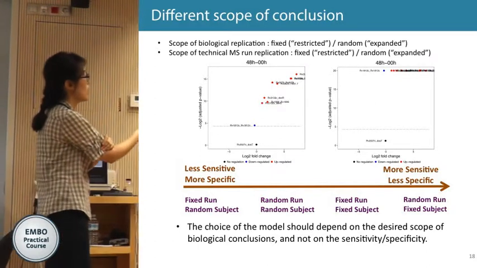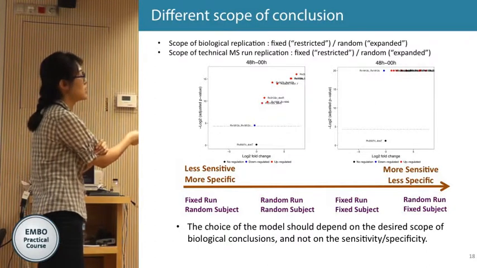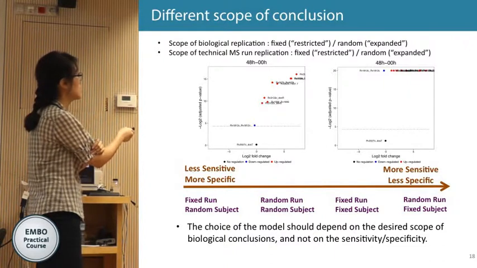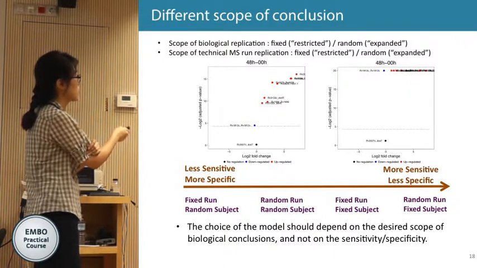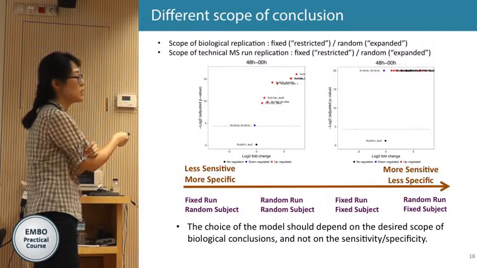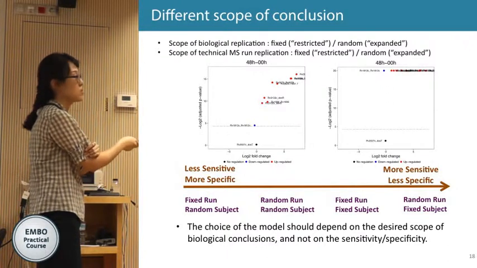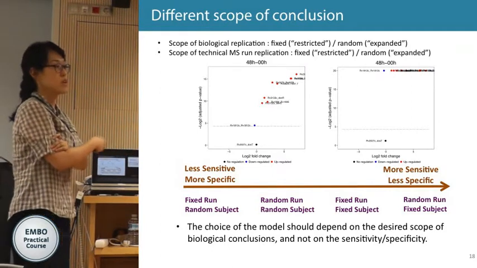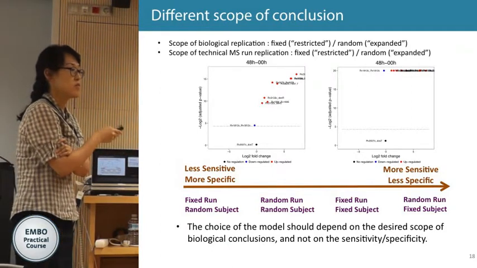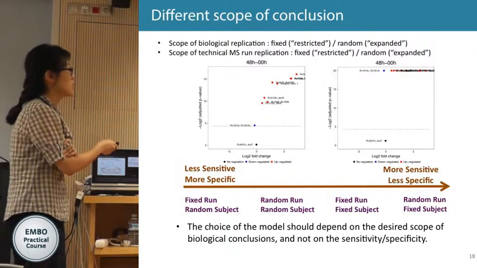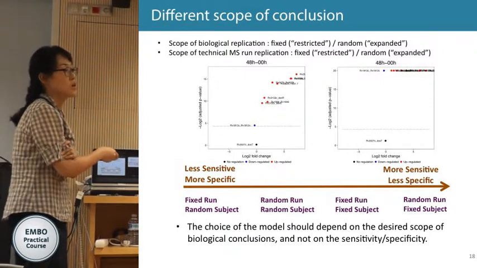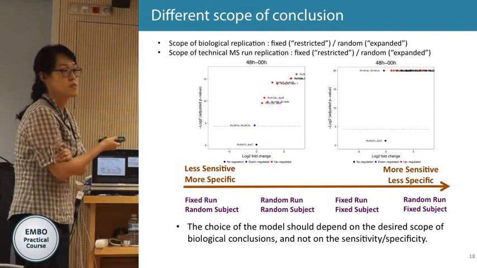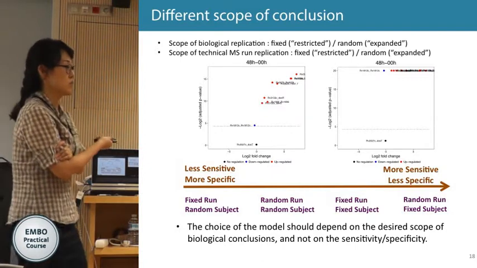You can see there are a lot of really significant results here, but in the other cases, the expanded cases, it's a little bit less significant. So it depends on your choices, what kind of conclusion you desire. Based on your desire, you can see a little bit less sensitivity or less specificity. That depends on your decisions.